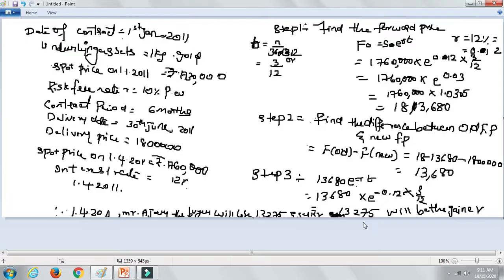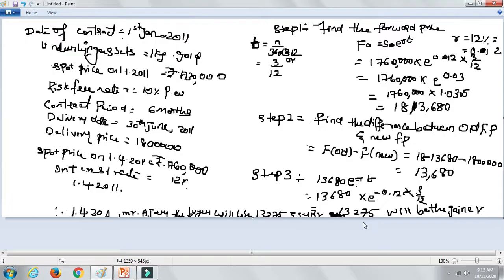he has to buy for 18 lakhs, isn't it? Because the new forward price is 18 lakh 13,680 rupees. It is higher, isn't it? So whatever the price may be, the difference he will be paying. This difference will be paid for the underlying on 3rd June 2011, but as on 1st April 2011, it will be equal to its present value only.